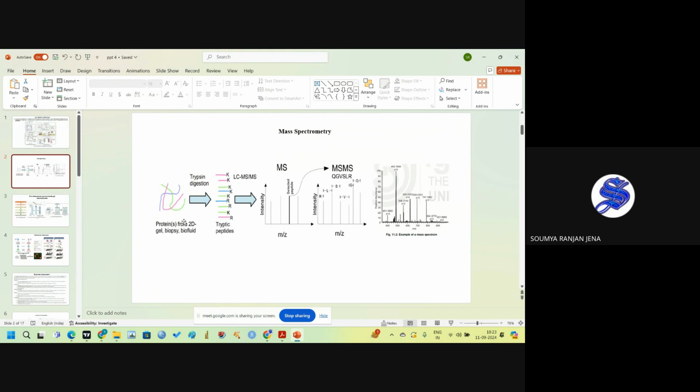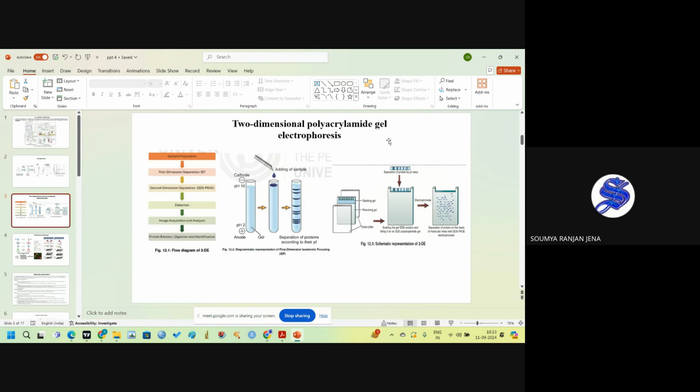But how will we do this? 2D gel, two-dimensional gel electrophoresis. In the two-dimensional polyacrylamide gel electrophoresis, in the previous class we discussed SDS-PAGE. In SDS-PAGE, if the molecular weight of two protein or peptide molecules is the same, it will give one band.